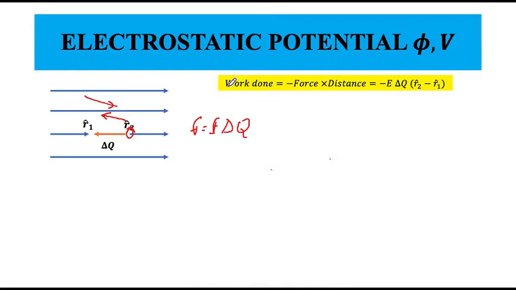How much work should I perform? Work must be equal to the force that I am applying times the distance I move. This is again from the mechanics concept of moving a block.